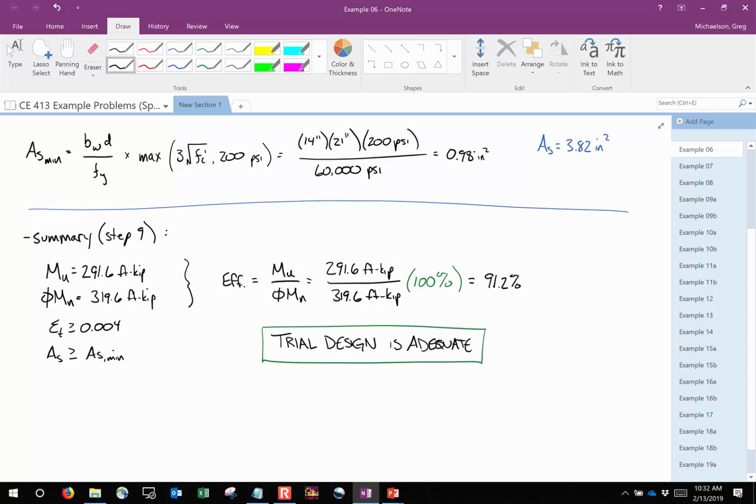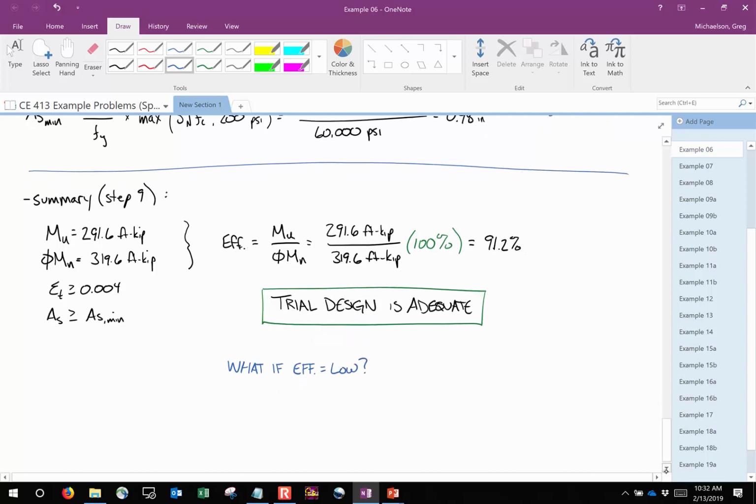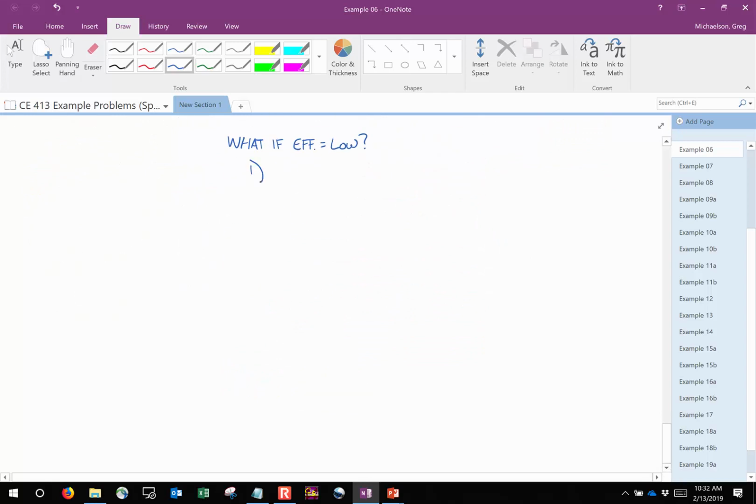So let's make sure that we're clear on the discussion. Okay? So here's the question. Well, hold on. What if efficiency was low? We'll just say low. Okay. All right, so you say change the height, but does the height really matter?